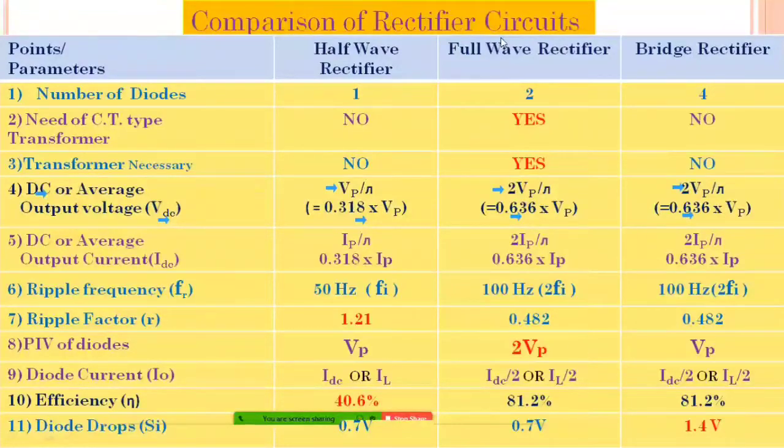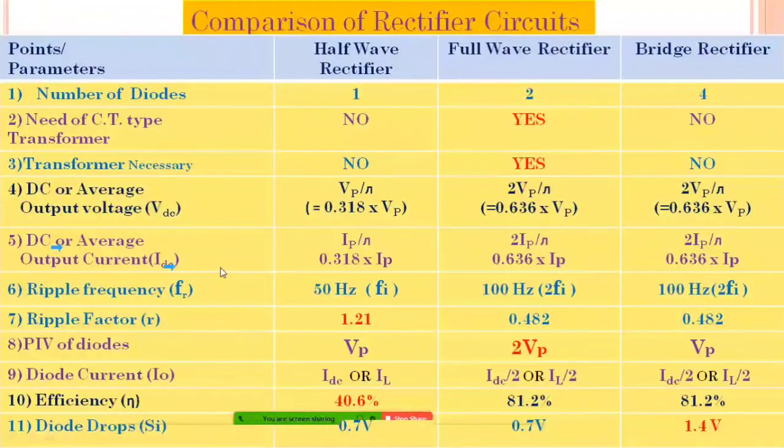Then come to the next point of comparison, the fifth one, DC or average output current. Remember that once you get the DC voltage of the rectifier, when we connect a certain load at its output having some resistance, we can easily find the current through the load as DC voltage upon resistance of load.